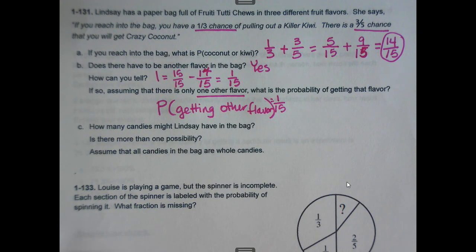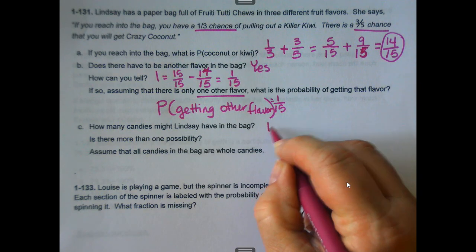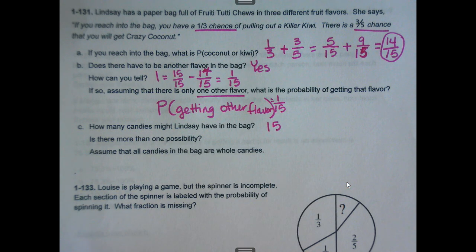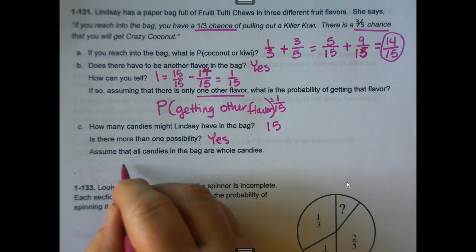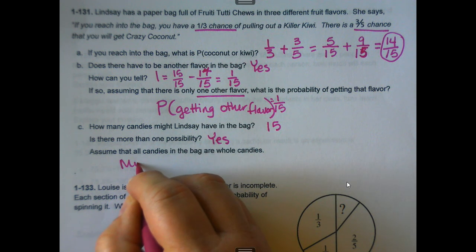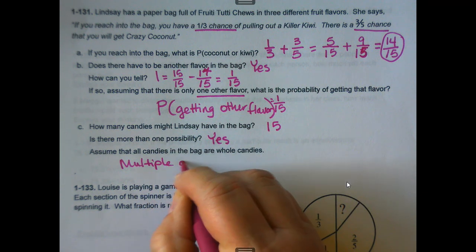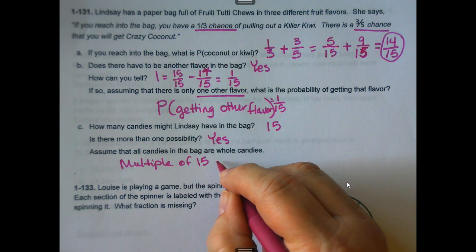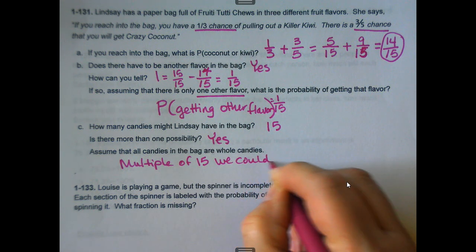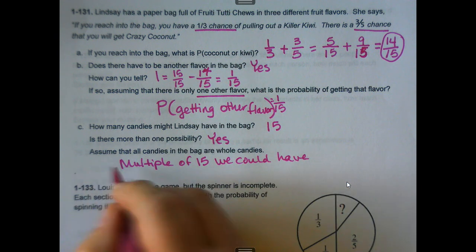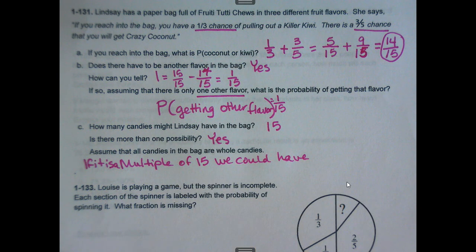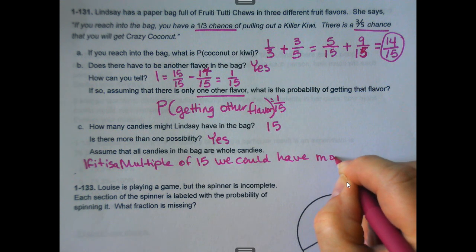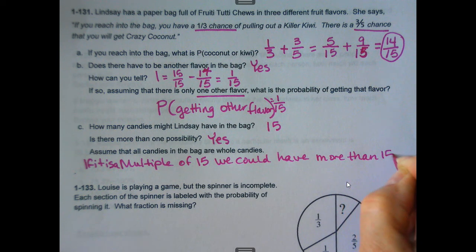How many candies might Lindsay have in the bag? Well, we know for sure she has 15. But we could also think about what we've done in our previous lessons, and as long as we have a multiple of 15, we could have more than 15.